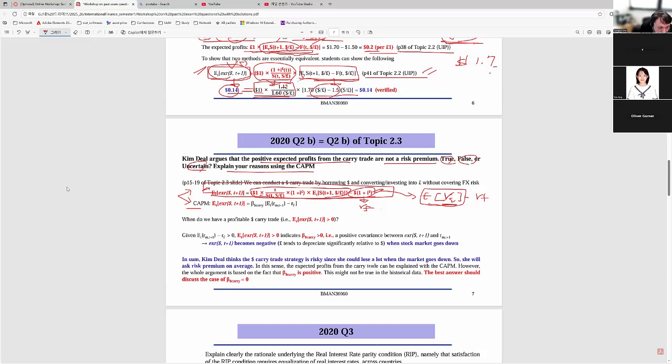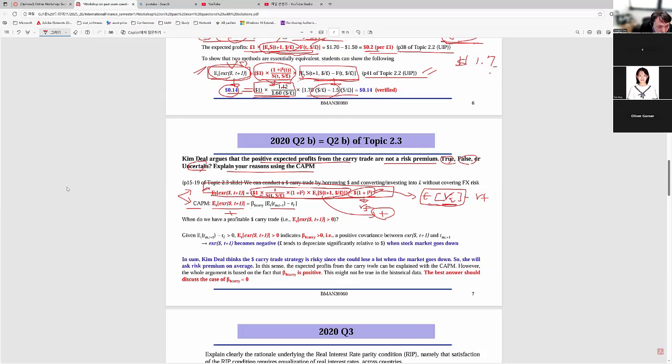So what is CAPM? On the left-hand side, we should have the excess return. And on the right-hand side, we have the beta of that strategy, which we are going to call the beta of dollar carry, times the market excess return. From the history, we know that we expect to earn positive profit from implementing carry trade, so we have a plus on the left-hand side.